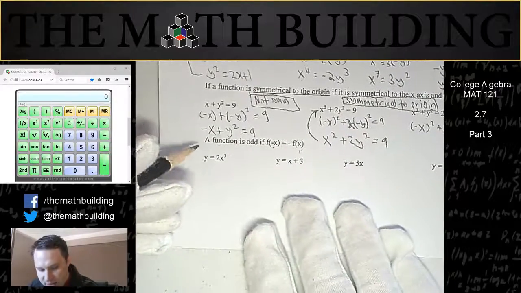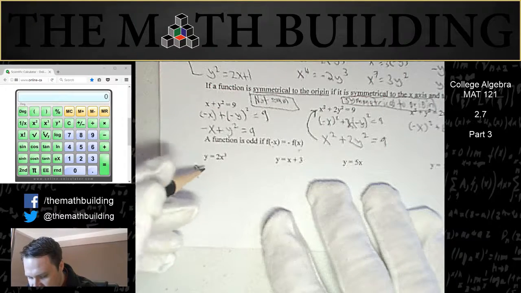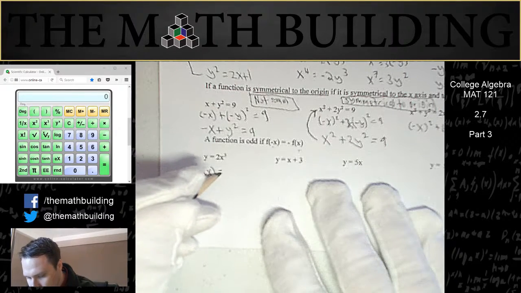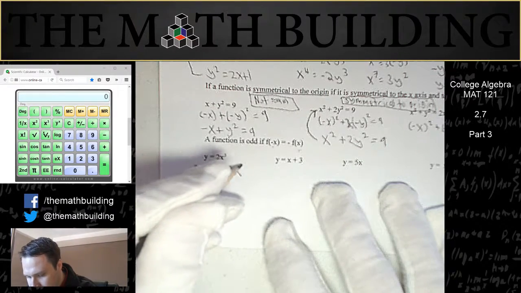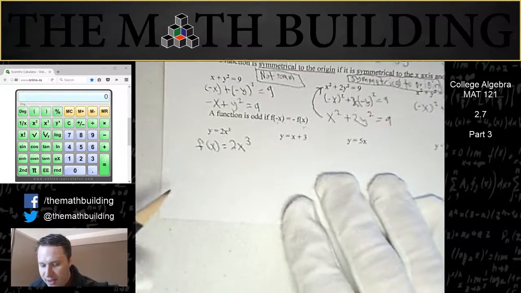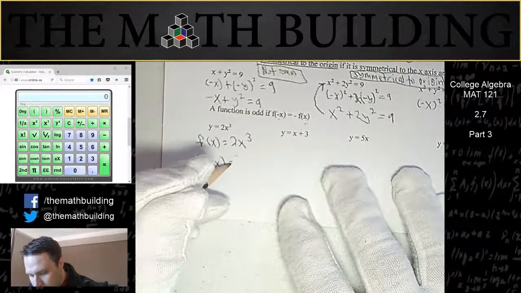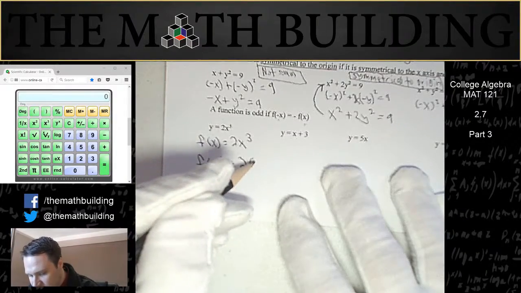So here you can see I've got the function. I'm going to replace the y with f of x, if that's okay. So I have f of x equals 2x to the third. Let's plug in negative x. So I'm going to replace every x with a negative x.